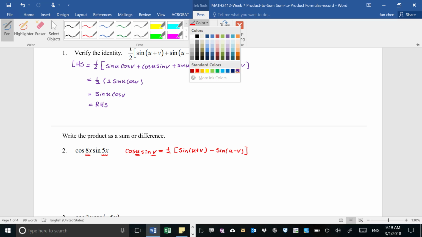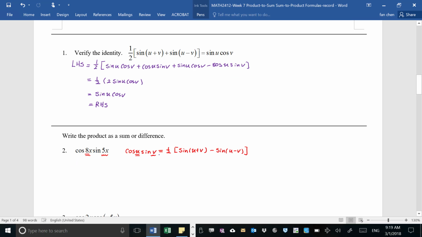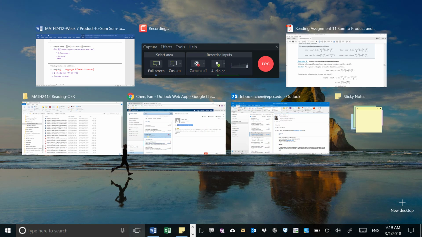Coming back to this problem, therefore I can apply this product to sum formula. That's equal to half of sine 8x plus 5x minus sine 8x minus 5x, and that equals half of sine 13x minus sine 3x.